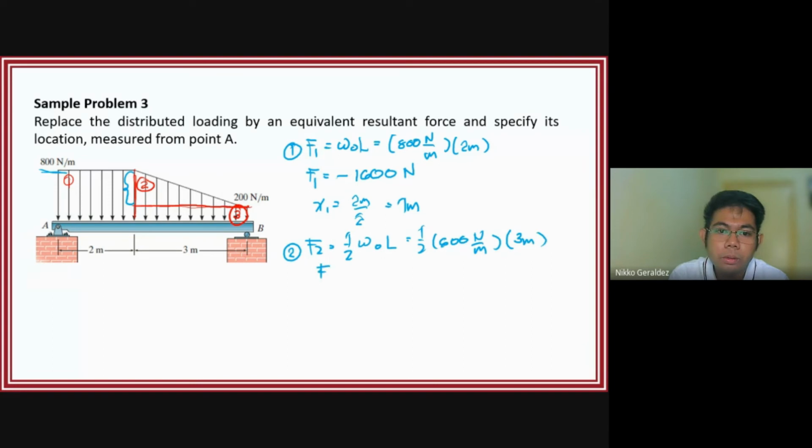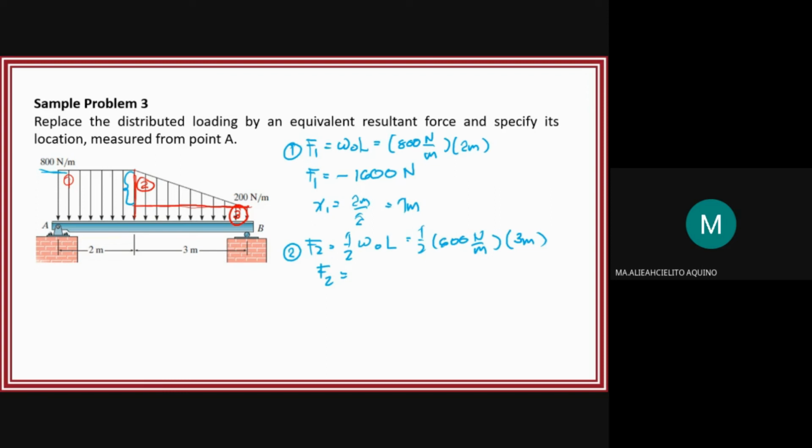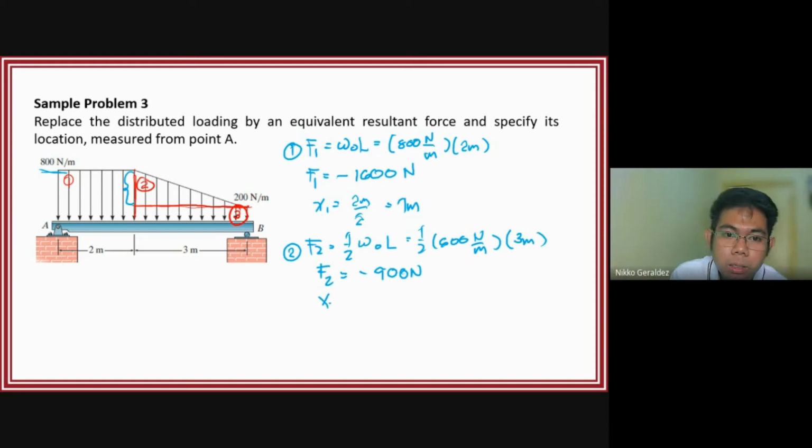So F2 is equal to negative 900 newtons. Then the position, from the height: X2 is 1/3 L, so 1/3 times 3 meters, equal to 1 meter.